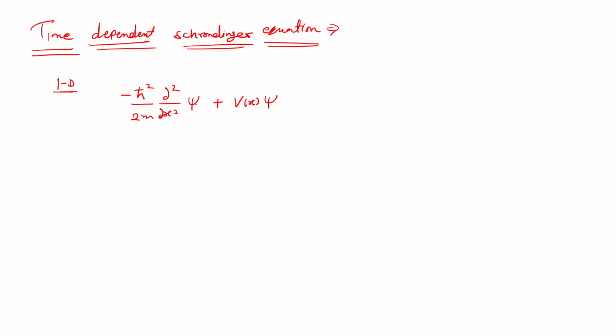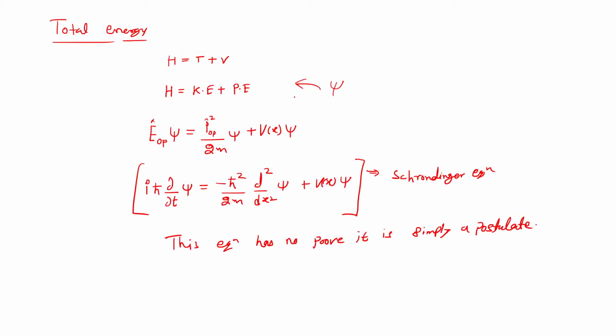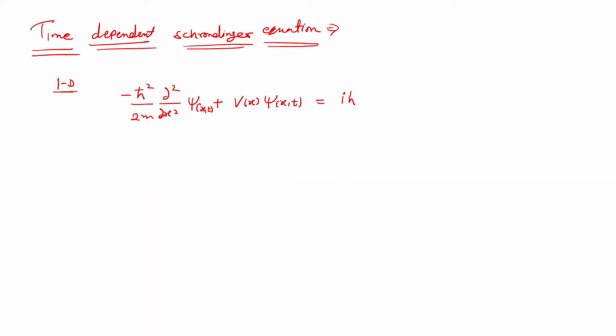Psi is a combination of x and t, here you can mention, so it will be easier for you to understand. And then you also have the term varying with time, so that we are writing on the other side. So here you have del over del t psi(x,t).